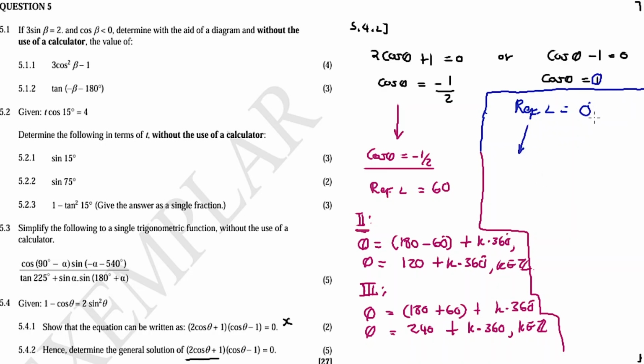Quadrant number 1 is positive, so you get your general solution. Quadrant number 4, you also get your general solution. I'm leaving this one up to you. I think from this point it's easy, so I don't want to bore you for 5.4.2, especially since we already found the general solution on this side.